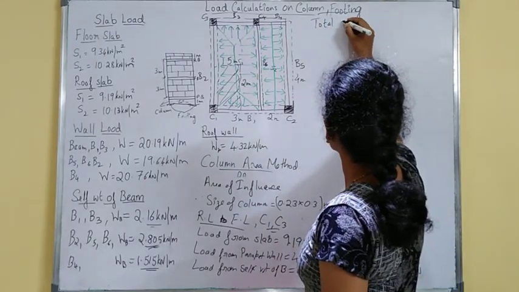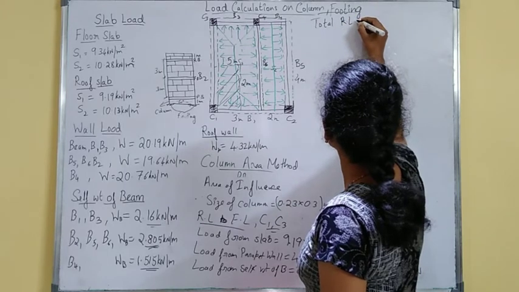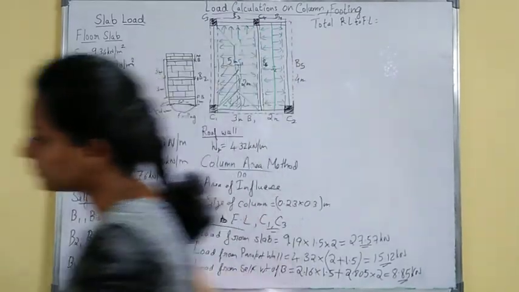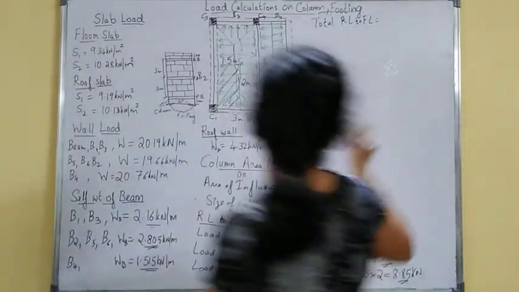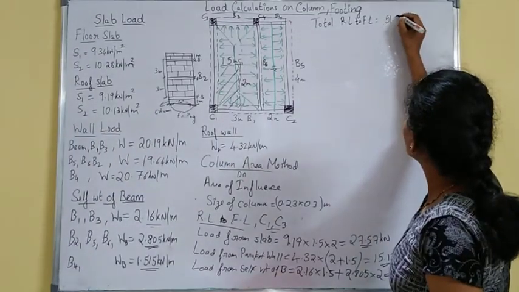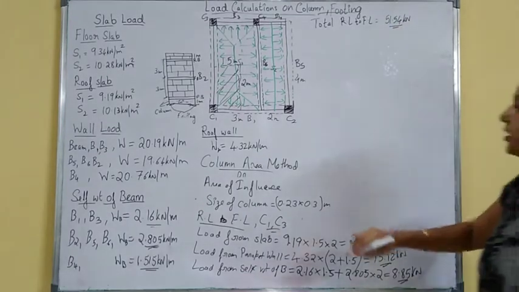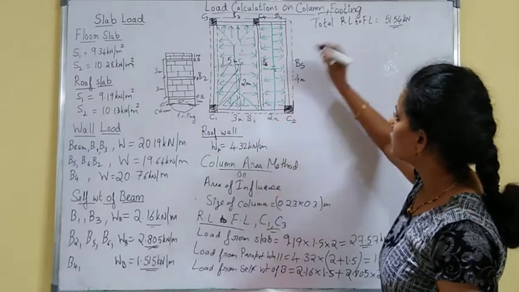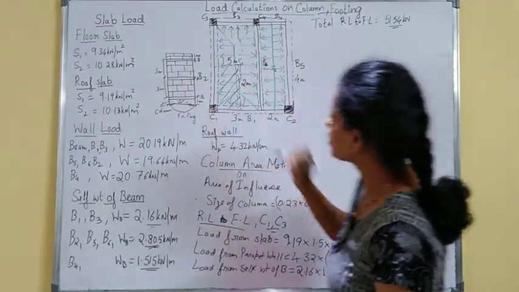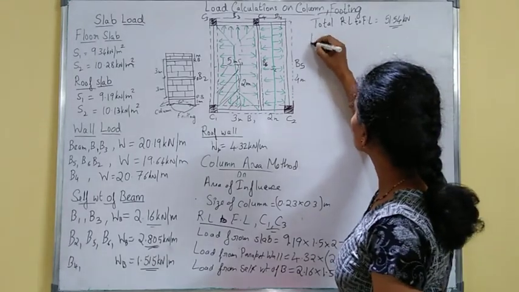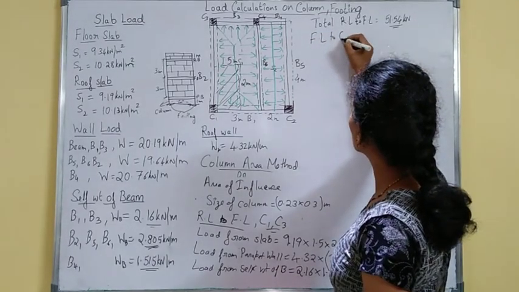Total from roof level to floor level, the total load is 51.54 kilonewton. Okay, next we will see the next level, that is floor level to plinth beam level, that is floor level to ground level.